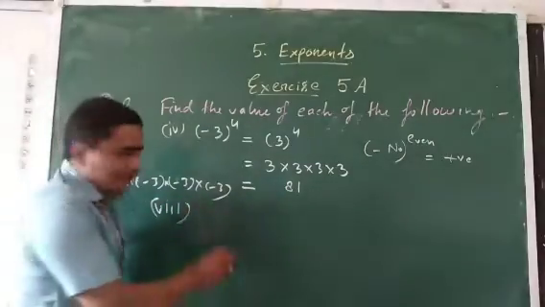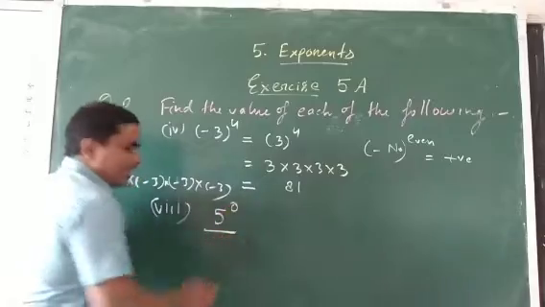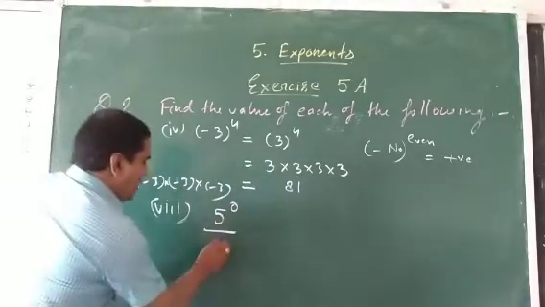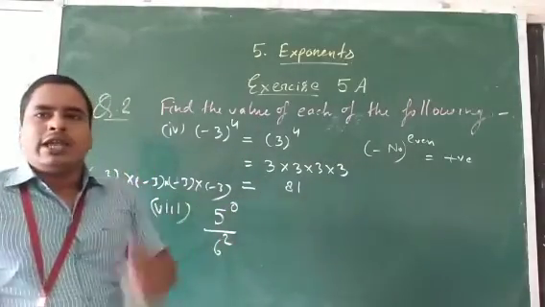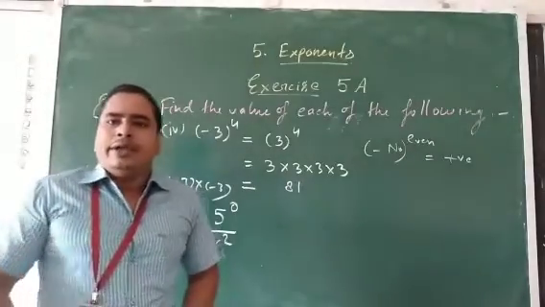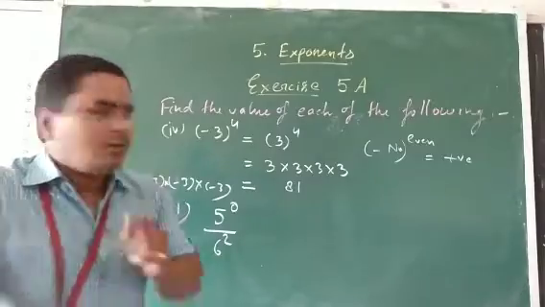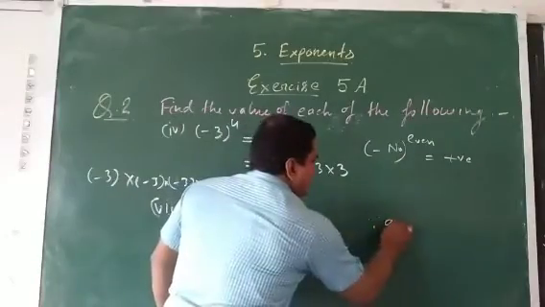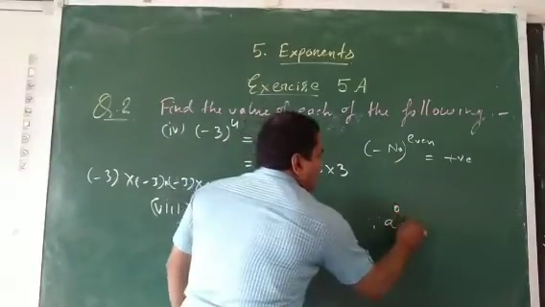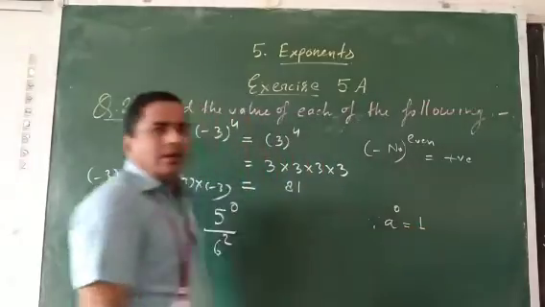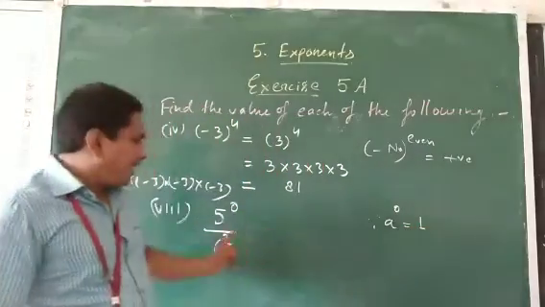Question is given: 5 to the power 0 and 6 to the power 2. Again I told you, if any number has power 0, its value is always equal to 1. If any number, that is a, has power 0, its value is always equal to 1. Use this concept here.